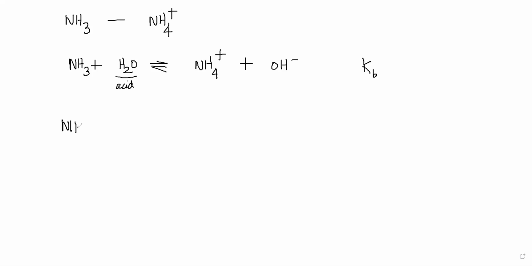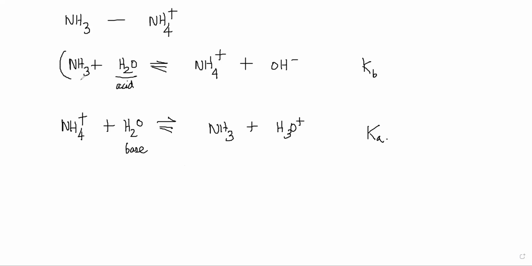And the other reaction is when NH4 plus acts like an acid with water acting like a base. So this will be NH3 plus H3O plus, right? This is the Ka. Here NH3 is acting like a base, and here NH4 plus is acting like an acid, right?